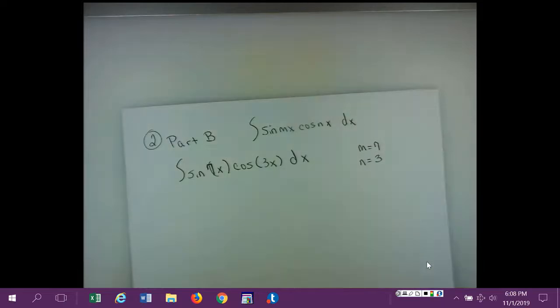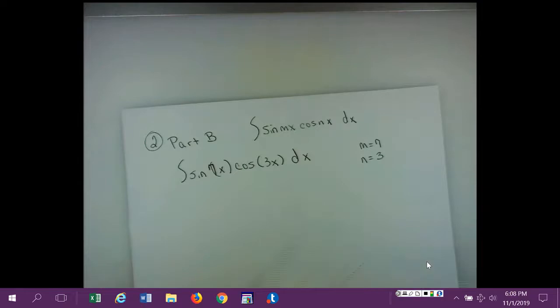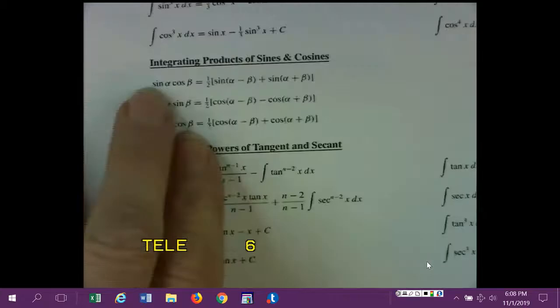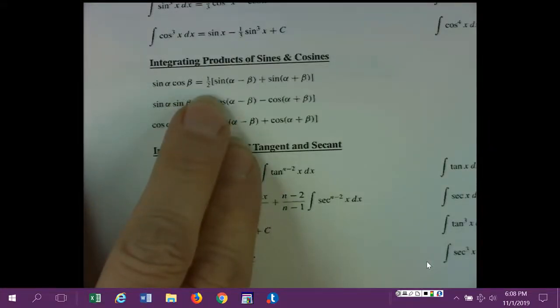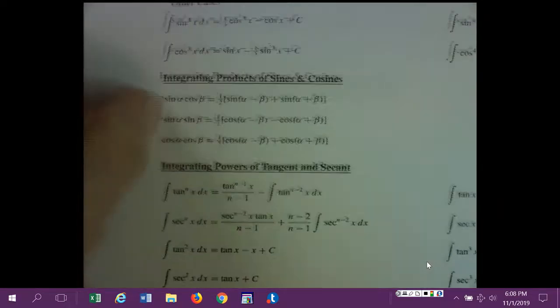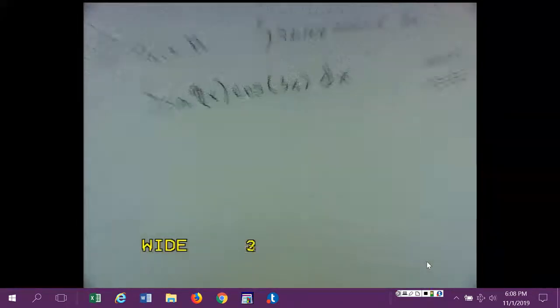If we go to our formula sheet and we go to the identities, we need to rewrite by using sine alpha cosine beta as 1/2 sine of alpha minus beta plus sine of alpha plus beta. And that's the identity, so we're going to rewrite the integrand.